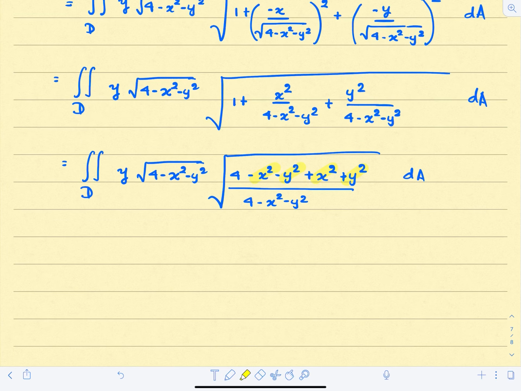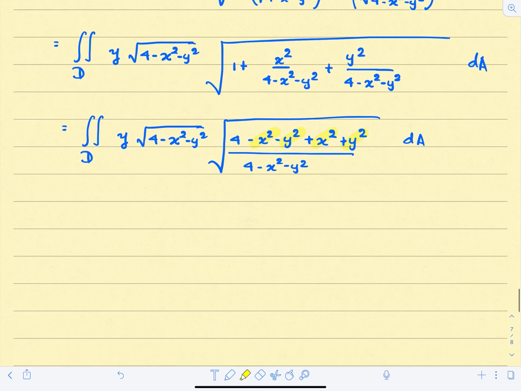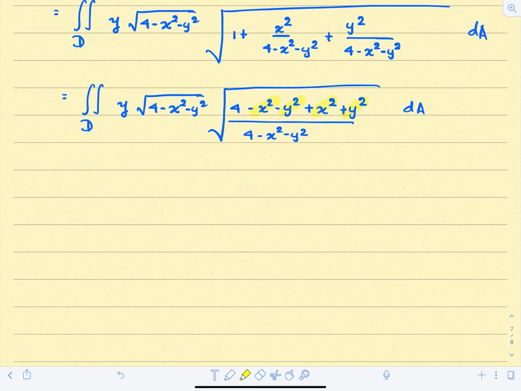We can simplify this numerator. So basically you will get square root of 4 over 4 minus x squared minus y squared, which is the same as 2 over square root of 4 minus x squared minus y squared.